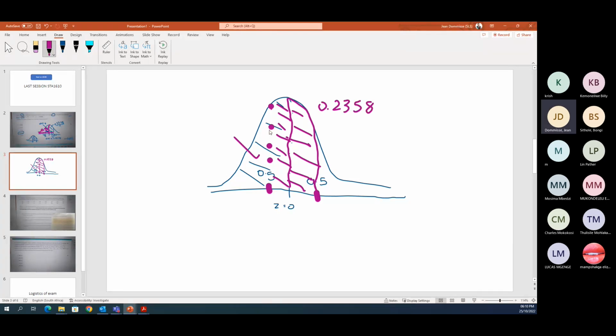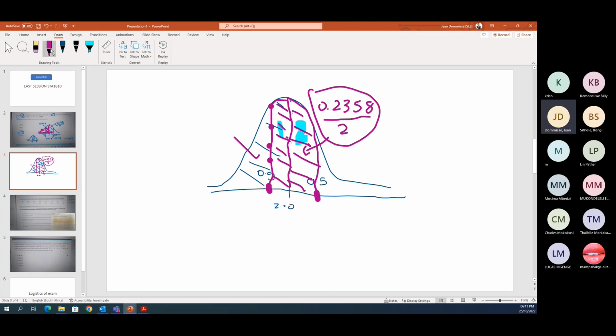Because it's symmetry, we know that basically this area of 1 and the area of 2 is exactly the same size. So that's why we can divide that by 2 to get this area.